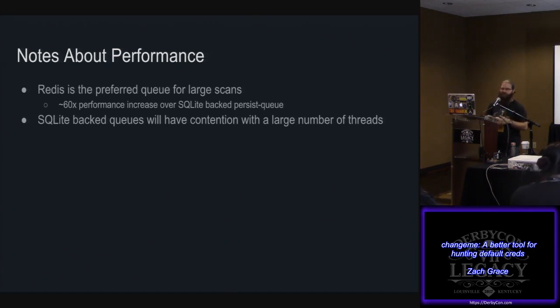With the new Redis version, we ran a scan last week that had 50 threads and scanned about 15,000 nodes in an hour and a half. So it's much faster, much more performant. So use Redis if you can. It will fall back to SQLite, but it will probably break and not work very well, to be honest.